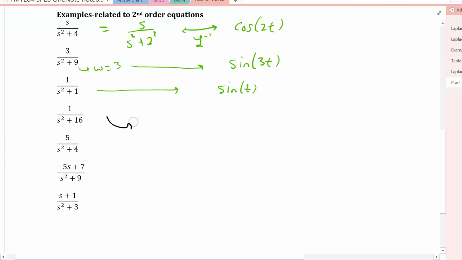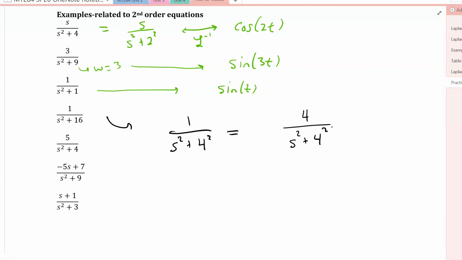In our denominator we have s squared plus 16, which is 4 squared. What we really want on top is a 4, but we only have a 1. So we need to put a 4 there, so that we can realize that it's related to sine of 4t. Now, I can't just put a 4 on top.